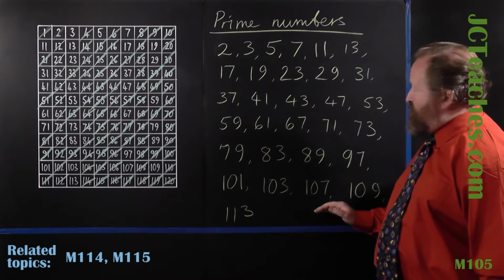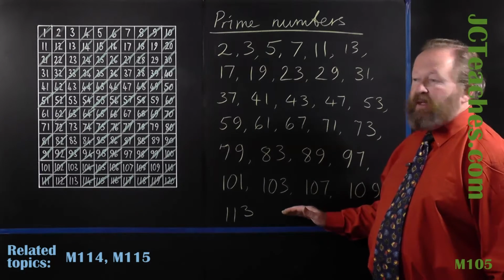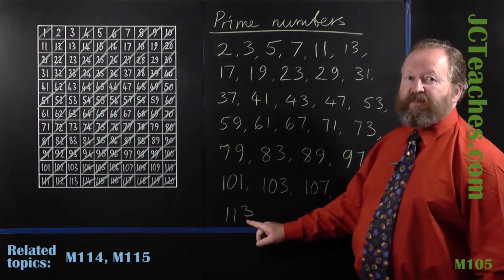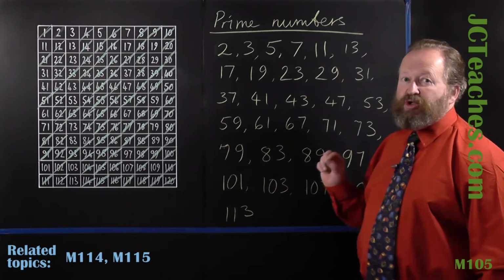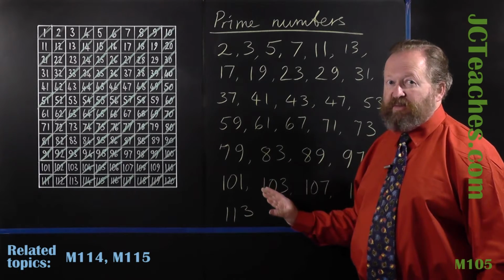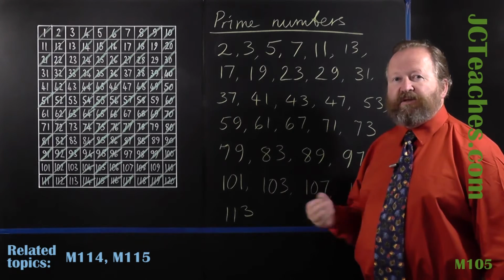And remember, these are numbers that have no factors. So if you try dividing these numbers by any smaller number, you should find nothing fits into it exactly. You'll get remainders, you'll get a decimal point.